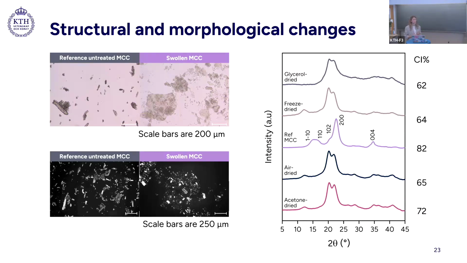And then we also calculated the crystallinity index. Here it says CI percentage, and we can see that compared to the reference that has 82% crystallinity, we lower the crystallinity, but we have to take into account that we are measuring this using the Segal height method, which slightly overestimates the values.